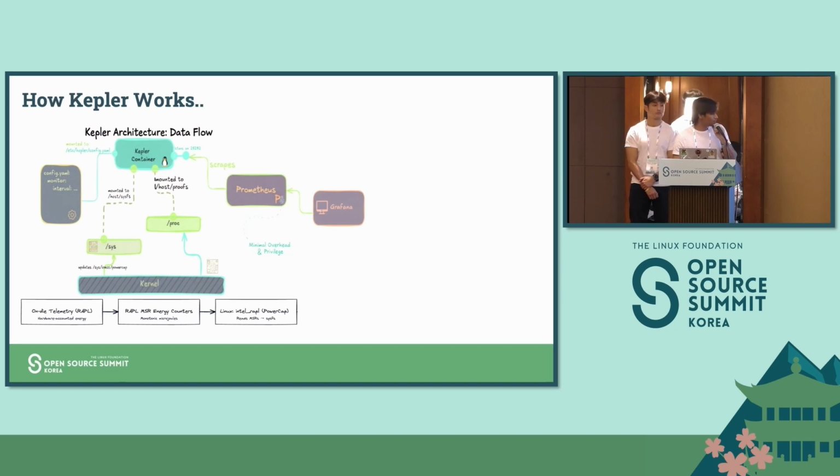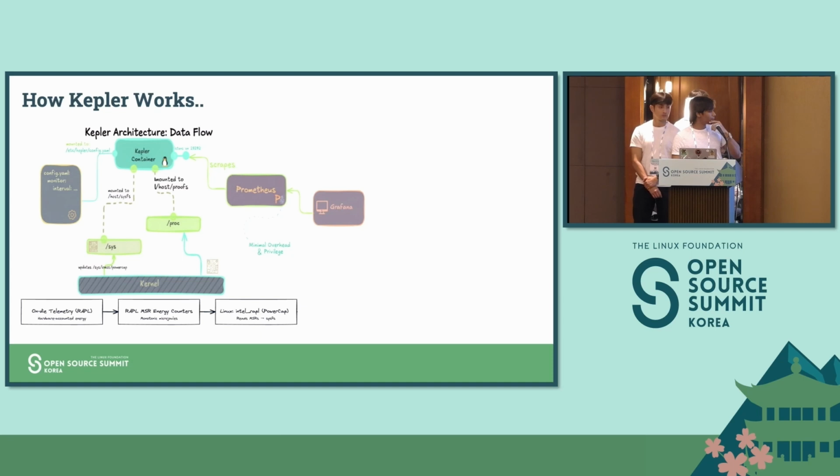We say that this information is stored inside /sys/class/powercap, which you see there. So basically, the information gathered by Intel RAPL is put inside the MSR, the kernel gets it through drivers and puts it inside /sys. Kepler then gets that information through /sys.